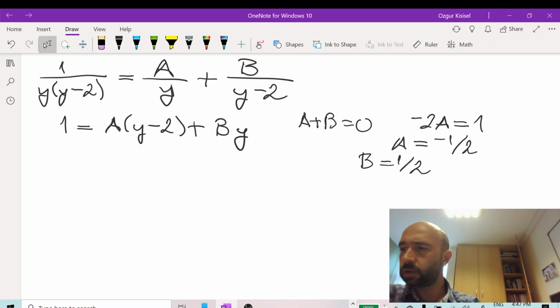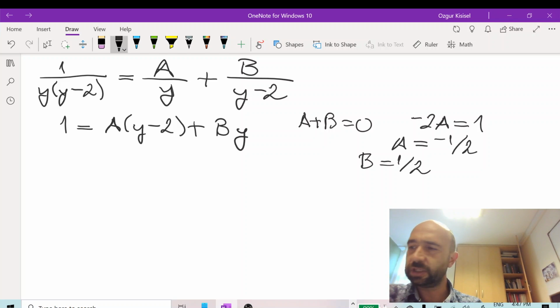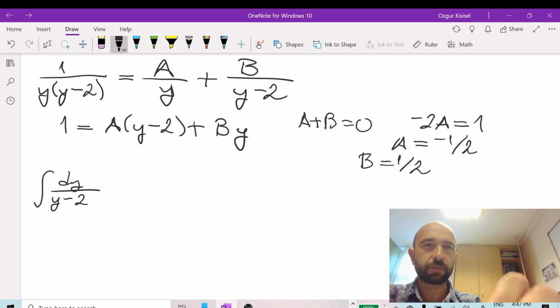Okay, so the integral that we have, dy over y times (y minus 2), then becomes the integral of dy over y minus 2, I'm writing the b term first, plus the a term, but that's minus 1/2, so it will look like this.